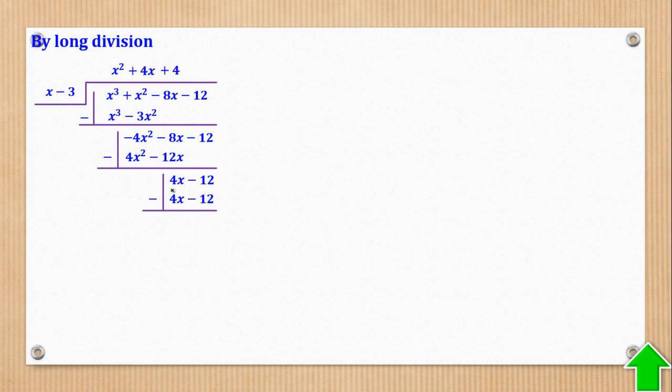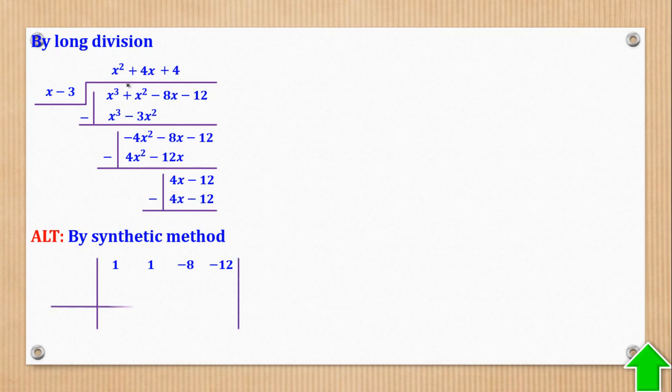That is one alternative. Another one can be by the synthetic method. So for synthetic, we are interested in the coefficients. So the coefficient of this is 1, of this is 1, of this is negative 8, of this is negative 12. Then put here the root. Then first bring this one down. Then multiply this by this to get what we put here. Then add these two to get what we put here.